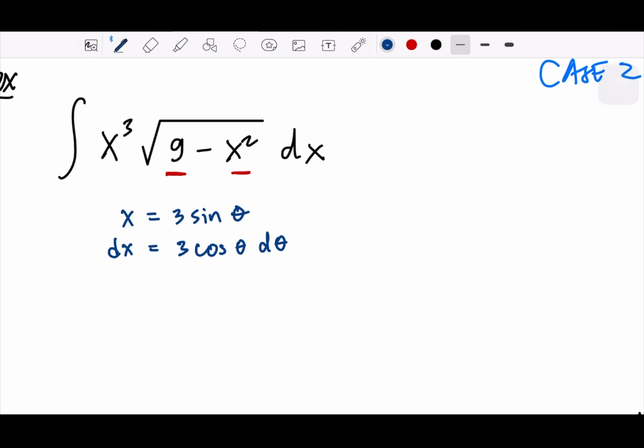Now when we take this sine and plug it into the square root, we have 9 minus 9 sine squared, which we can compute, and then we get the cosine. So let's do that.